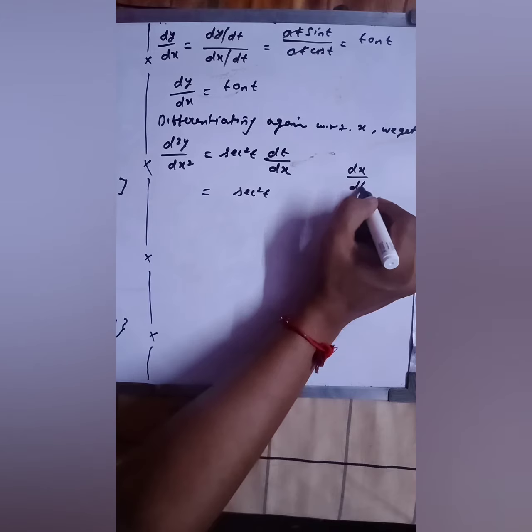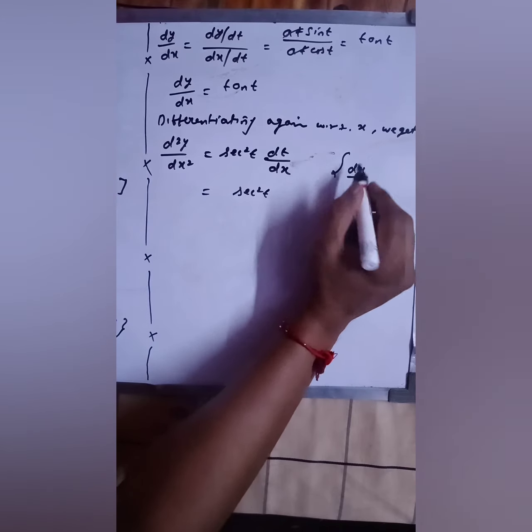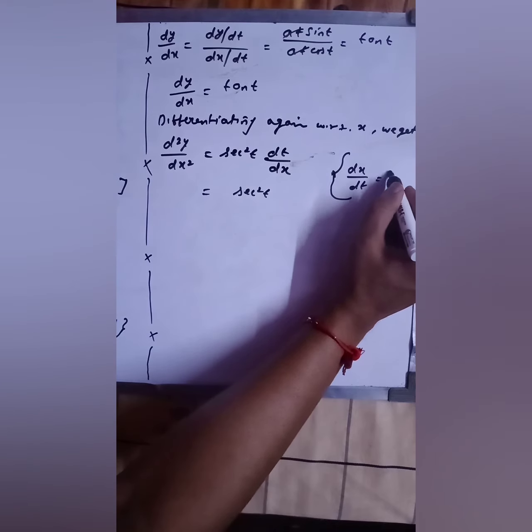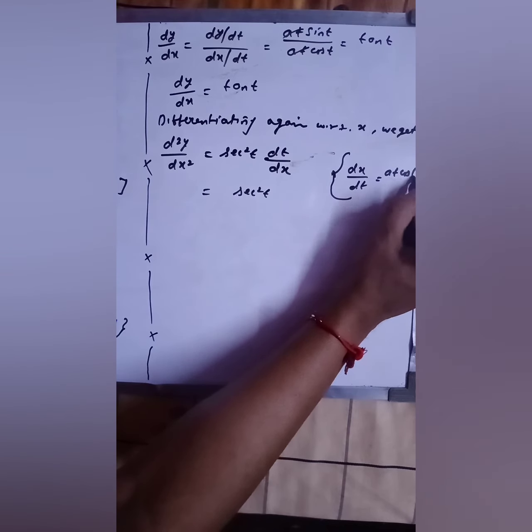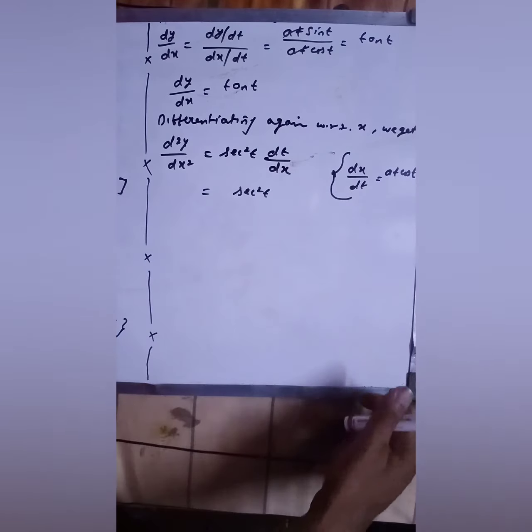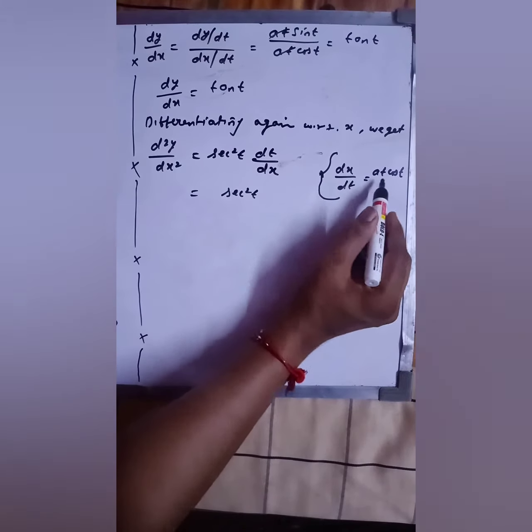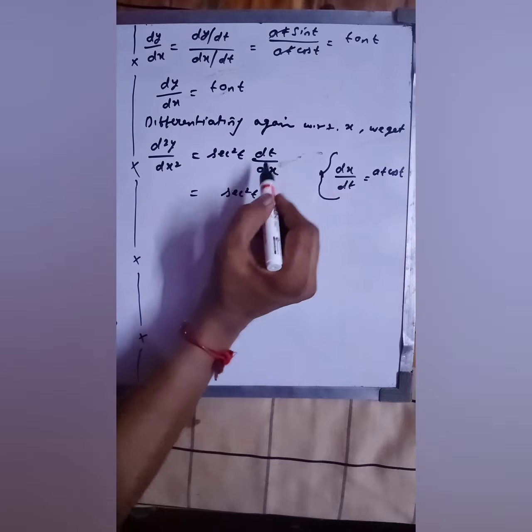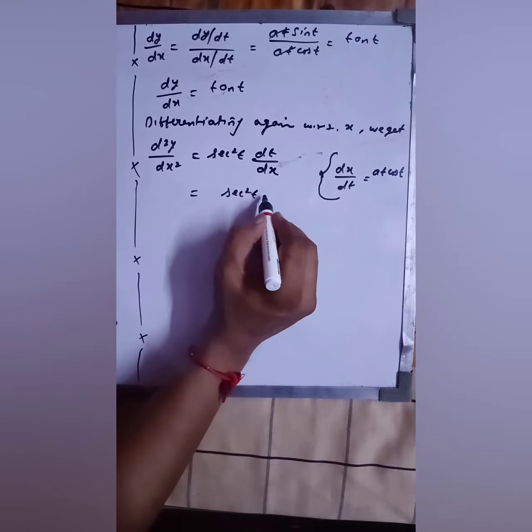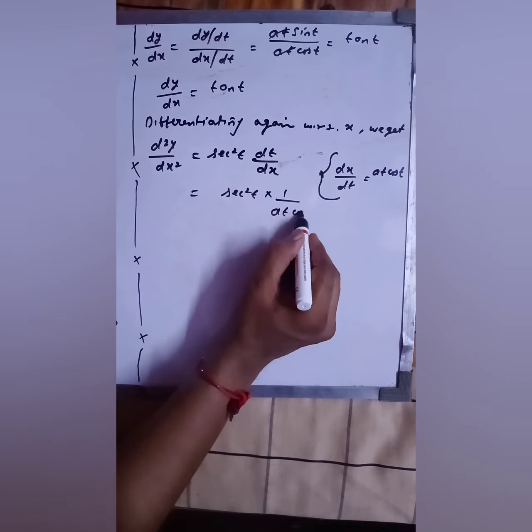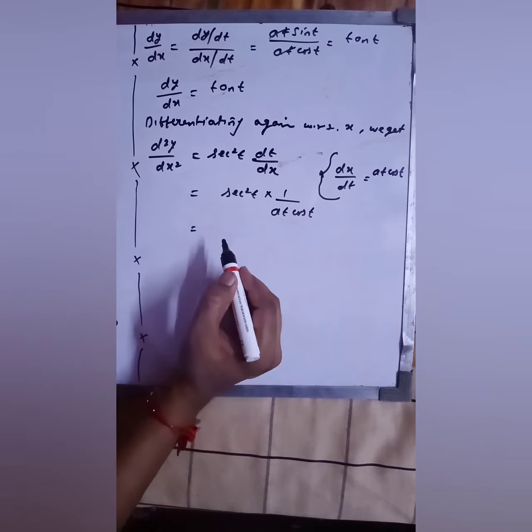Okay, this value of dx by dt is a t cos t, as you can see here. Okay, this is the value of dx by dt. Fine. So the value of dt by dx would be 1 upon a t cos t.